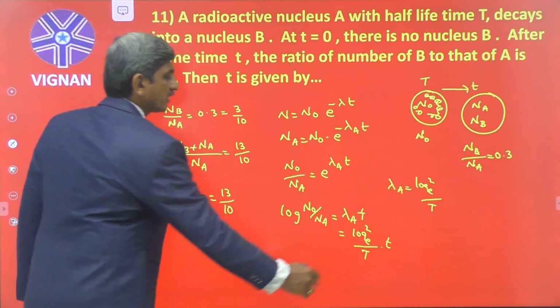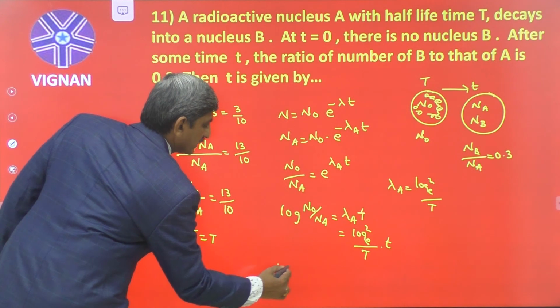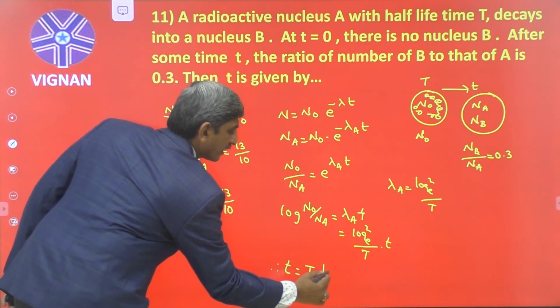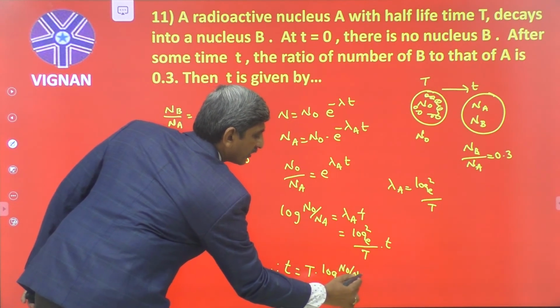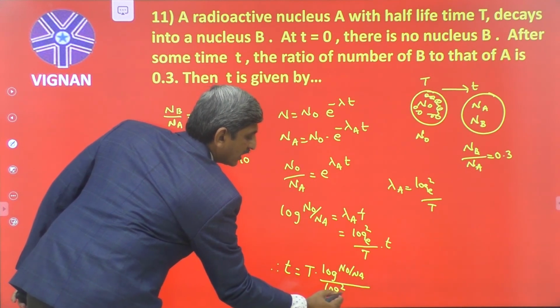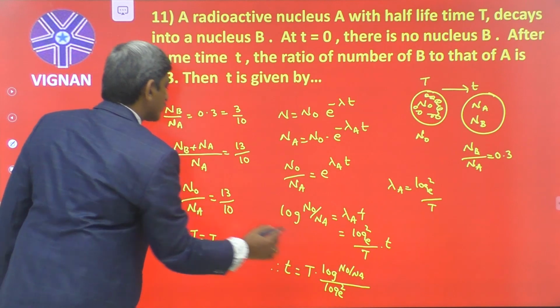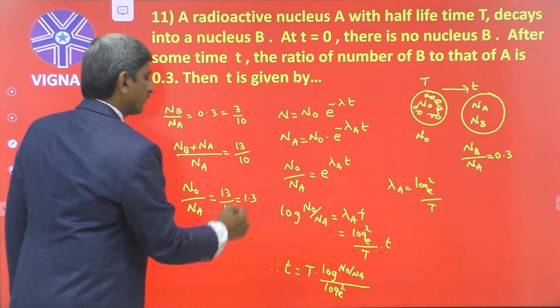So in this question, we want to find out the time value. Therefore, the required time t is equal to capital T into log N0 by NA divided by log 2 to the base e. So this N0 by NA is known for us, that is equal to 13 by 10, that is equal to 1.3.